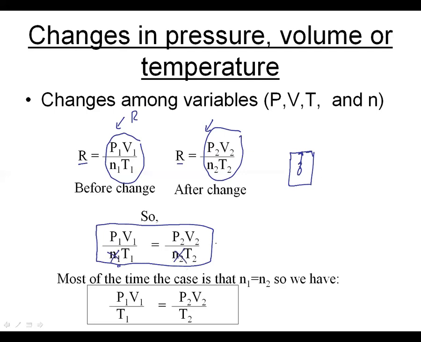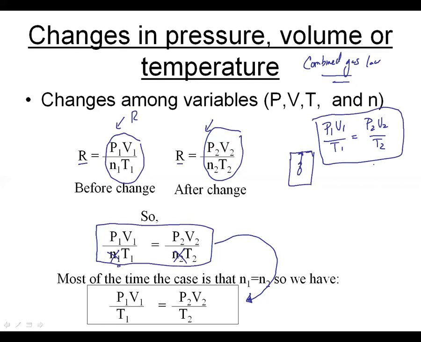So this essentially reduces down to another gas law, which is known as the combined gas law, as it's sometimes called on the bottom there. The combined gas law basically deals with all three variables at once. As you can see, P1 V1 over T1 equals P2 V2 over T2. Now, in terms of units here, pressure can be any unit, as long as they are the same on both sides.